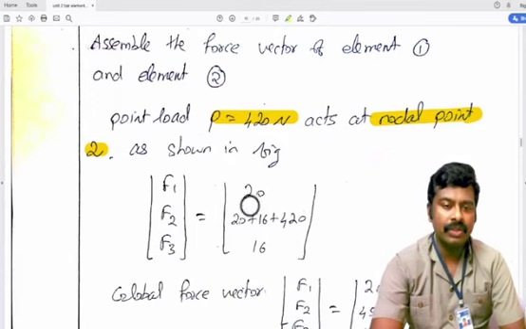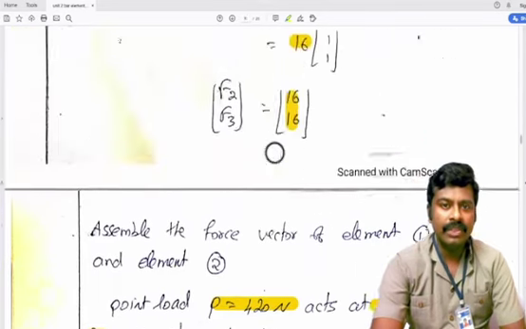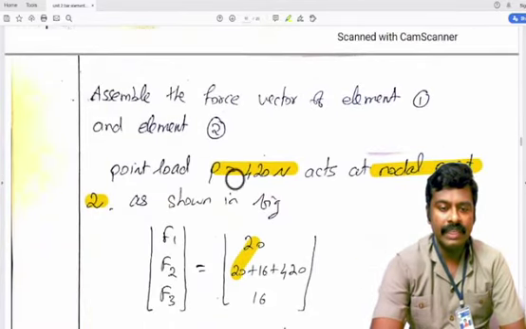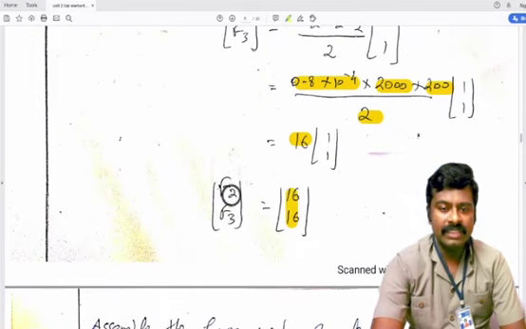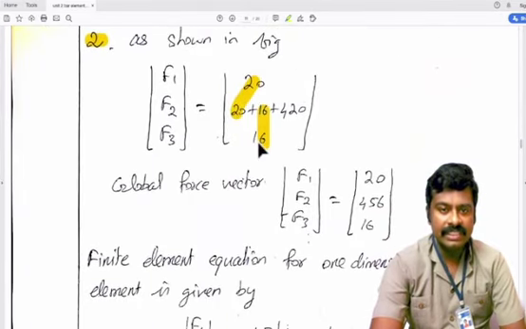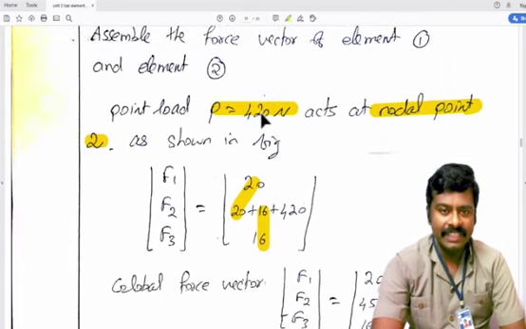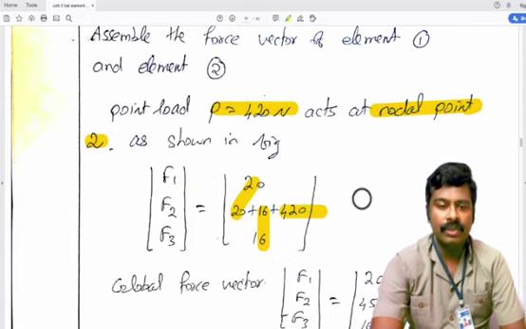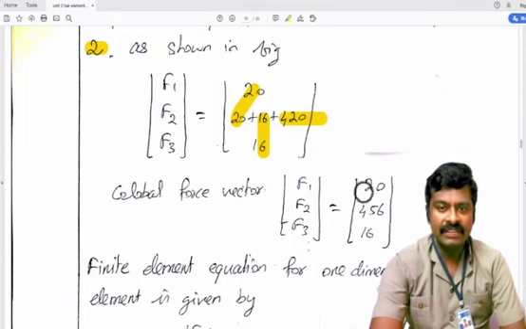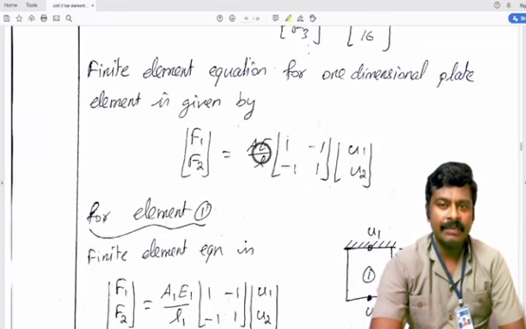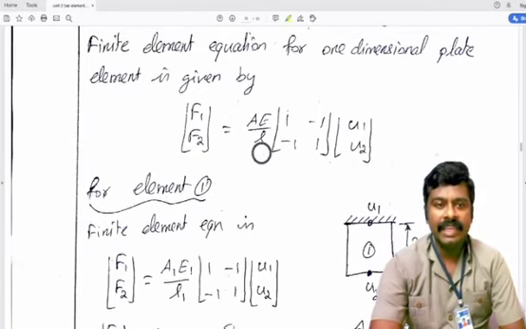Therefore F1 F2 equal to 20 20 for element 1, and F2 F3 equal to 16 16 for element 2. The point load acts at nodal point 2, that is at midspan, therefore F2 equal to 20 plus 16 plus 420, which yields 456. F3 equal to 16.